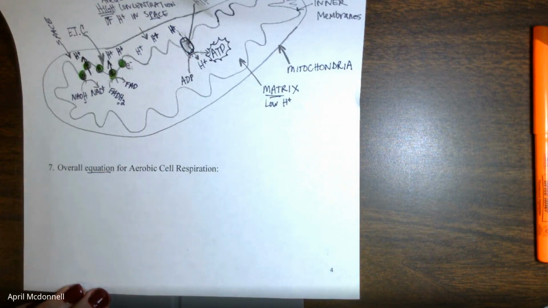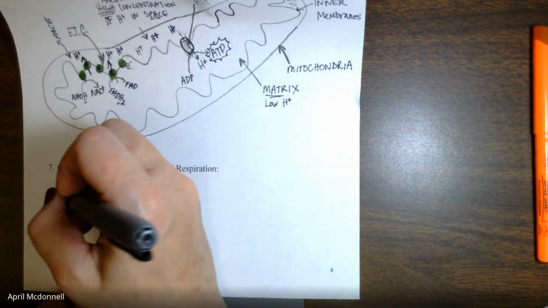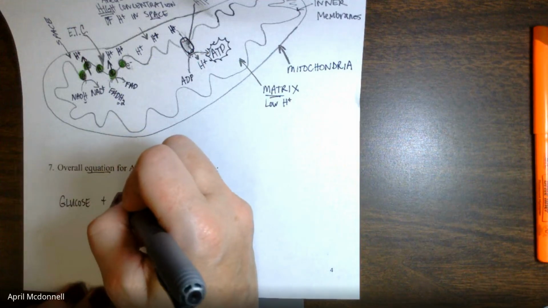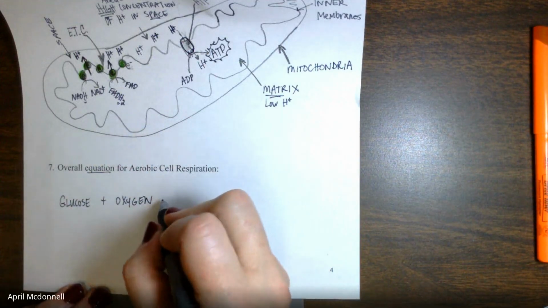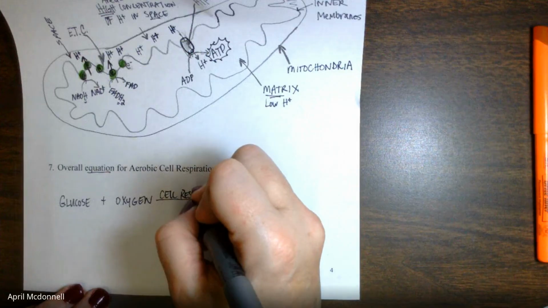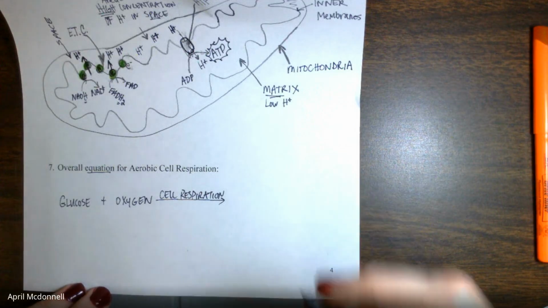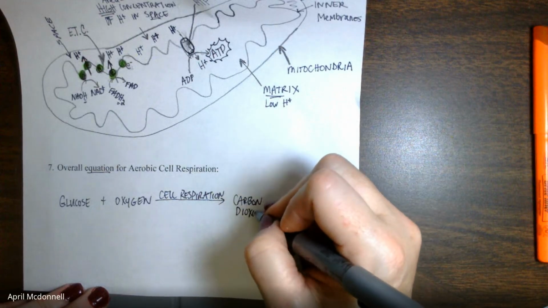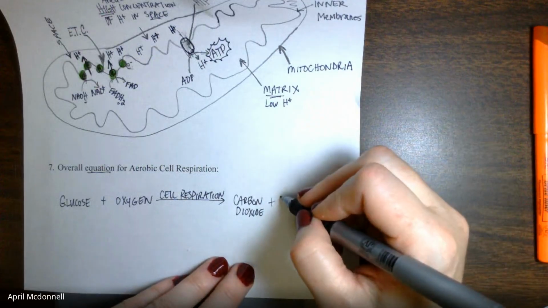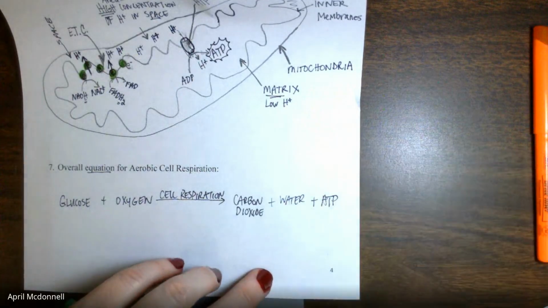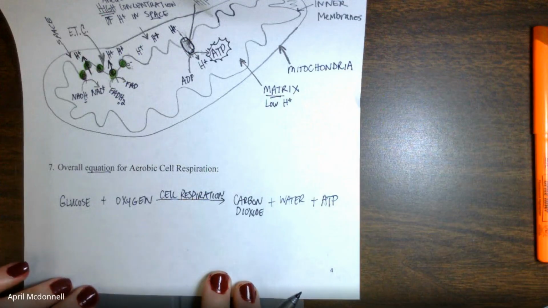The overall equation for cell respiration is going to be glucose plus oxygen, and we have cell respiration, ends up producing carbon dioxide plus water plus ATP.